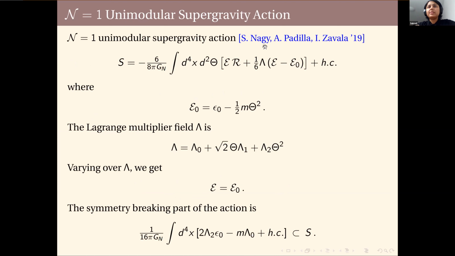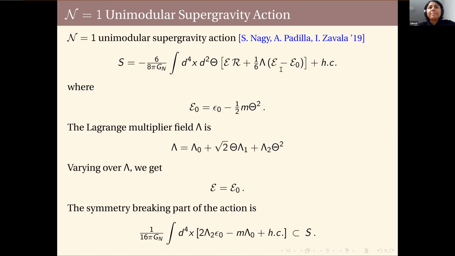Now these are all superfields. Lambda is a superfield, and these two are also superfields. This constant superfield epsilon naught has this expression. Here, the theta component, which is the spinor component, has been set to 0 for simplicity. So its lowest component is just the constant epsilon naught, and the highest one is 1/2 small m, which is a constant.